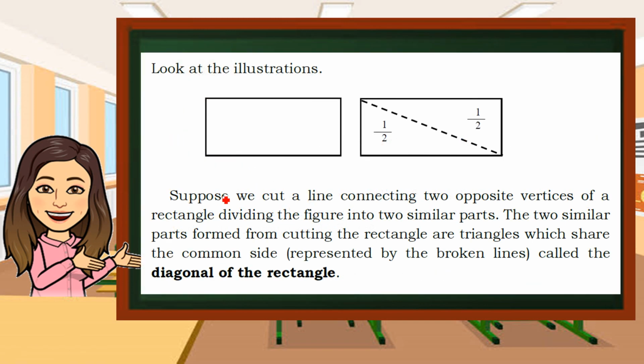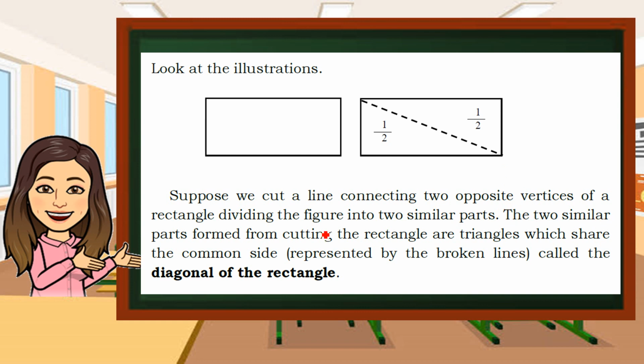Now, suppose we cut a line connecting two opposite vertices. So what we have done earlier is that we cut a line connecting two opposite vertices of the rectangle, dividing it into two similar parts, no?